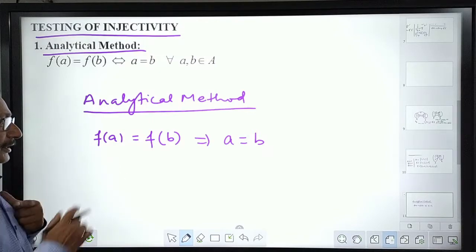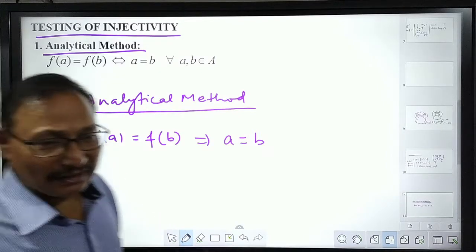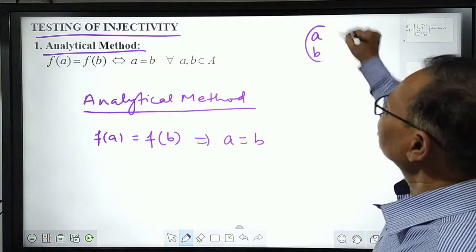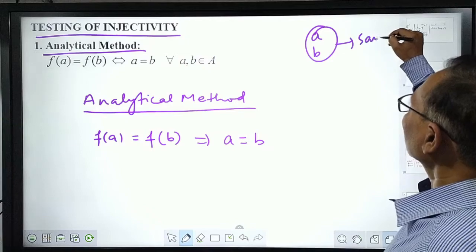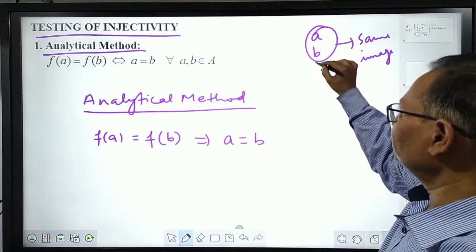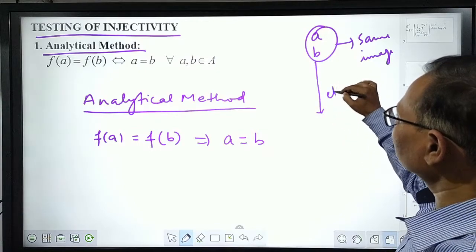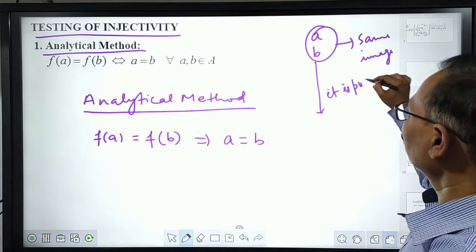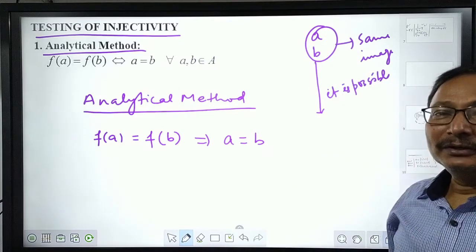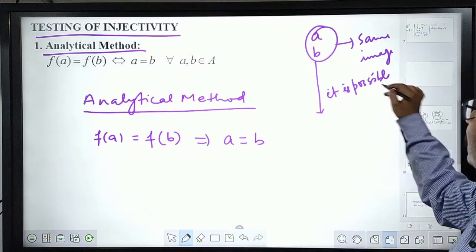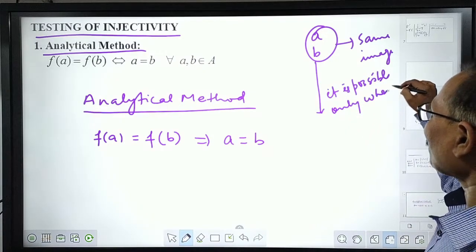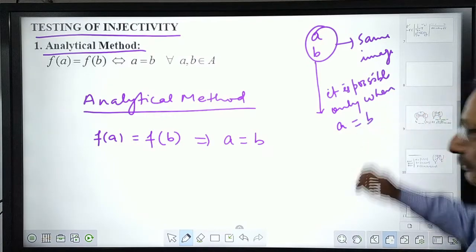It implies that if any element a and another element b have the same image, it is possible only when a is equal to b.